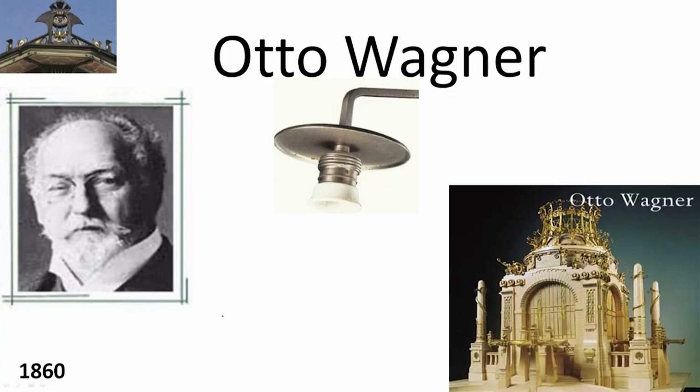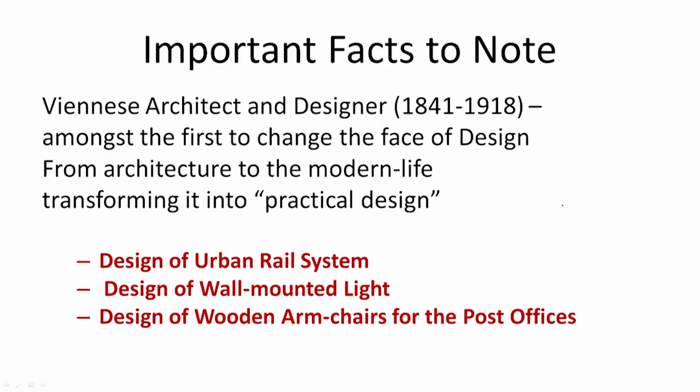Wagner is very famous for his rich decorative styles in architecture that you can see here in some of these designs. Otto Wagner, the detailed architectural elements, and the important fact to know about him is that Wagner was a Viennese architect and designer, 1841 to 1918.